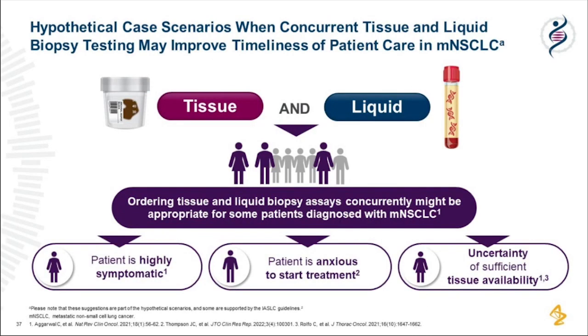And so in this hypothetical case scenario, right, we're looking at concurrent testing, and we saw this slide earlier. You want to do both tissue and liquid, right, because concurrent testing might be appropriate for some patients, and it is in this scenario, right? Our patient's highly symptomatic, you have hemoptysis, patient's anxious to start treatment, and then the uncertainty of sufficient tissue availability. When you have a large tumor, there's a lot of necrosis that goes along with it, so there's where your uncertainty comes from.